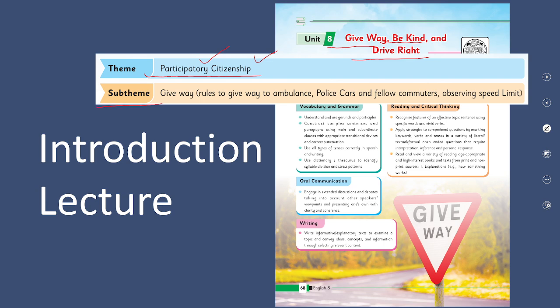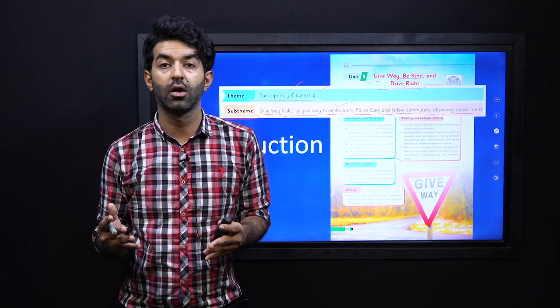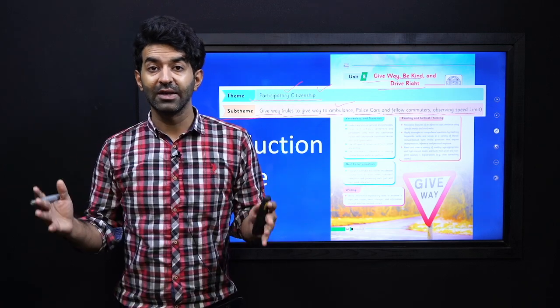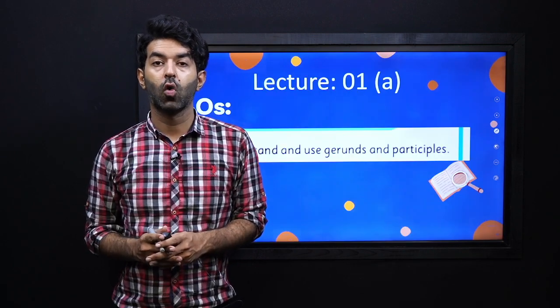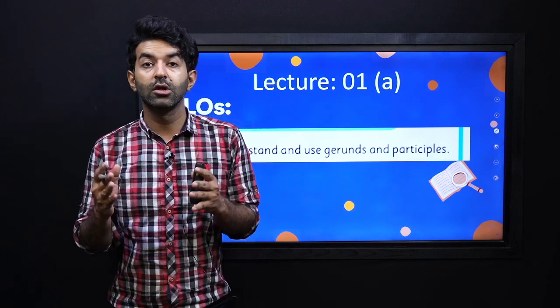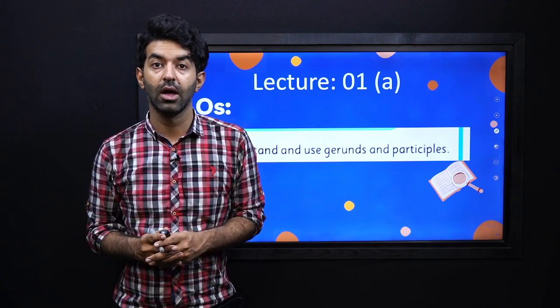The sub-theme is give way and rules: give way to ambulances, police cars and fellow commuters, observing the speed limit. So it talks about all these different aspects that we need to follow if we are driving on the road. The whole lesson is about that. This was a very quick theme overview that I just gave you. Now I hope that you will read the main lesson with interest and learn a lot about it.